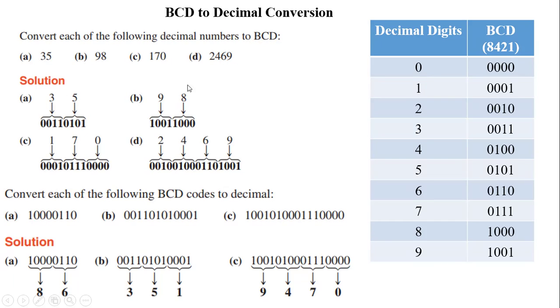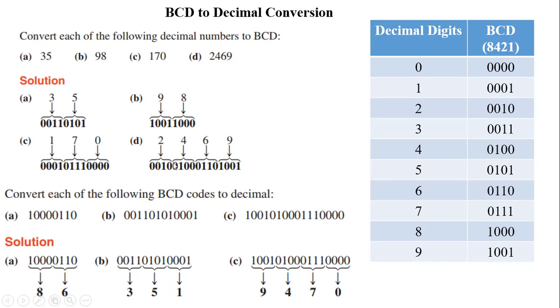To represent 98 in decimal, replace 8 by its 4-bit BCD code, and replace 9 by its BCD code. So you will get the BCD of 98 in decimal. For the BCD of 170, 0 is replaced by the BCD code of 0, 7 is replaced by the BCD code of 7, 0 1 1 1, and 1 is replaced by the BCD of 1.